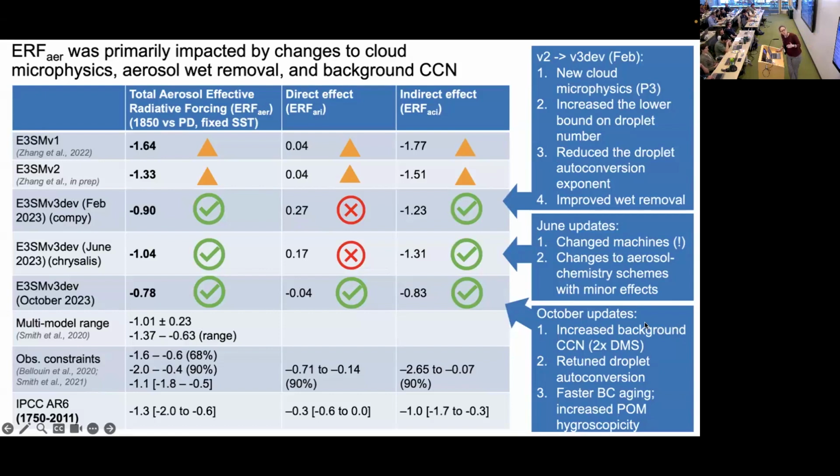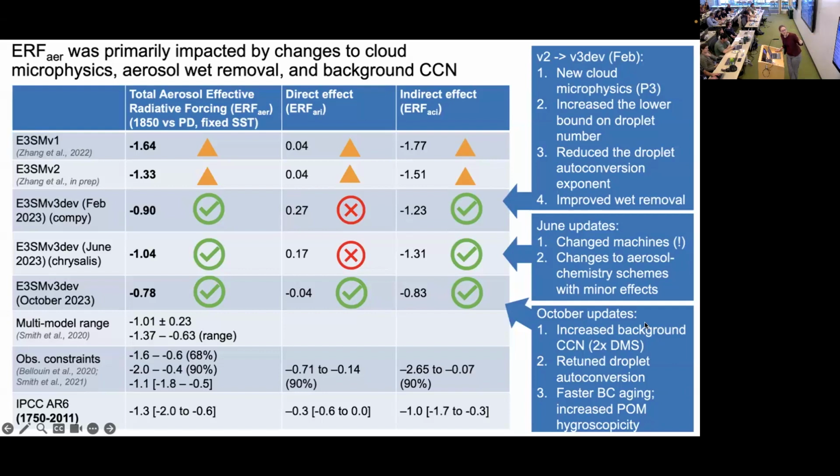We increased the lower bound on the droplet number concentration, and then also retuned the autoconversion, which is the formation of warm rain, and made improvements to the wet removal processes, which helped to reduce the PDPI aerosol difference and the overestimation of anthropogenic aerosol. So that got us down to this minus 0.9, which gave us a really beautiful simulation of the historical temperature record with that version.